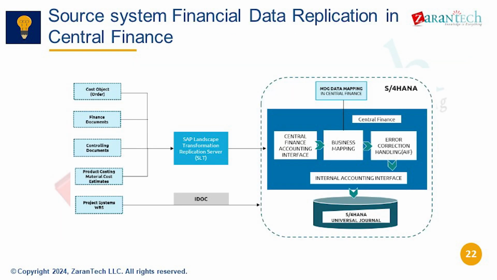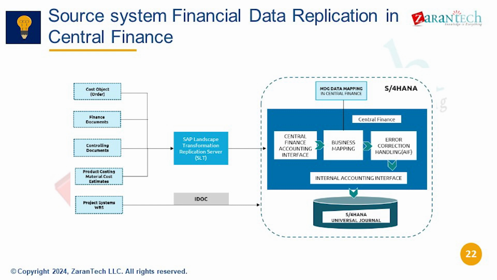This diagram illustrates how transactional data from source systems gets replicated into central finance as the consolidated layer. Operational source systems like SAP ECC, S/4HANA, or third party continue processing journal entries for accounting, revenue recognition, and cost allocation.